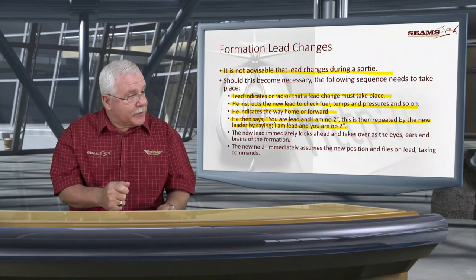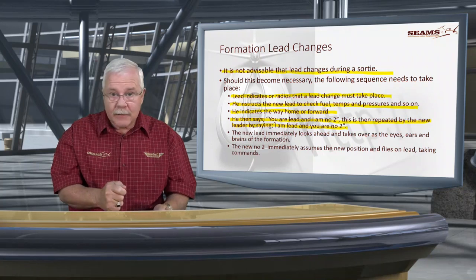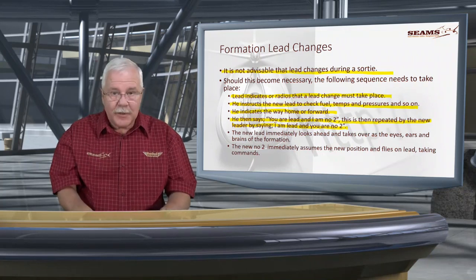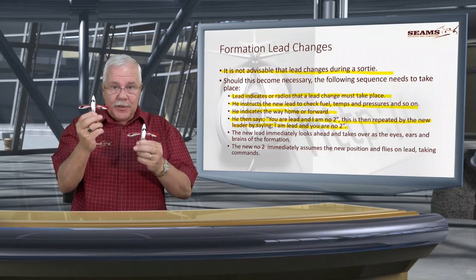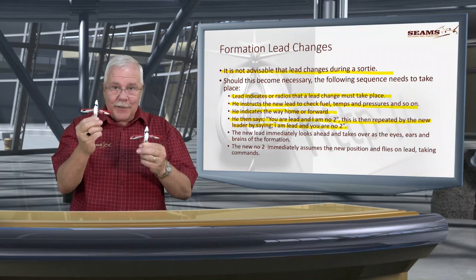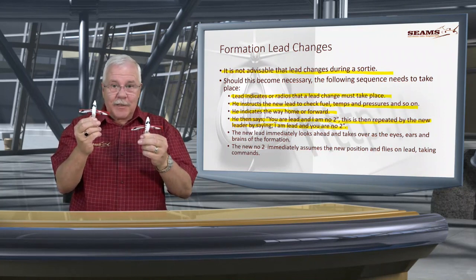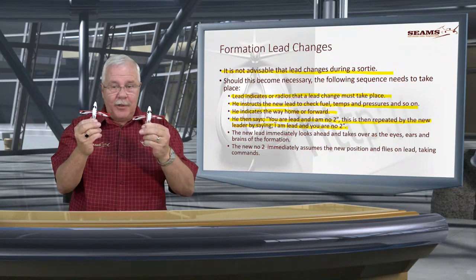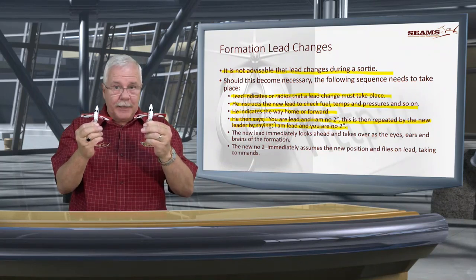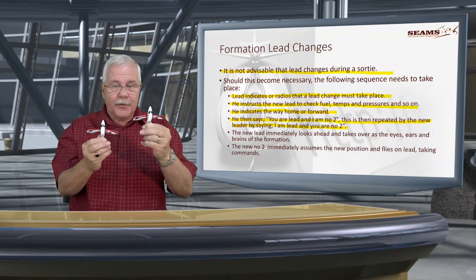The moment it says, okay, you are now number 2, I am lead, you look in front and you take over steady flight. The position is still like that. This one is now number 2, and this one will slowly fall back. This one carries on with a power setting that is agreed for lead, and this one falls back into whatever position.